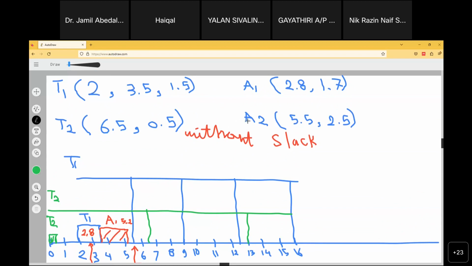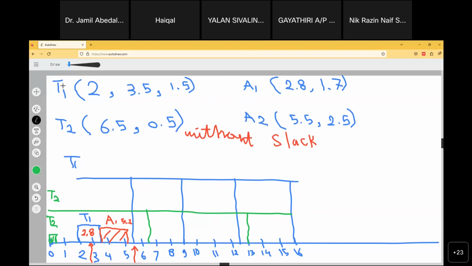The priority without slack stealing is given to what? To periodic or aperiodic? In this type of scheduling, the priority is given to periodics or aperiodics? Periodic, correct.